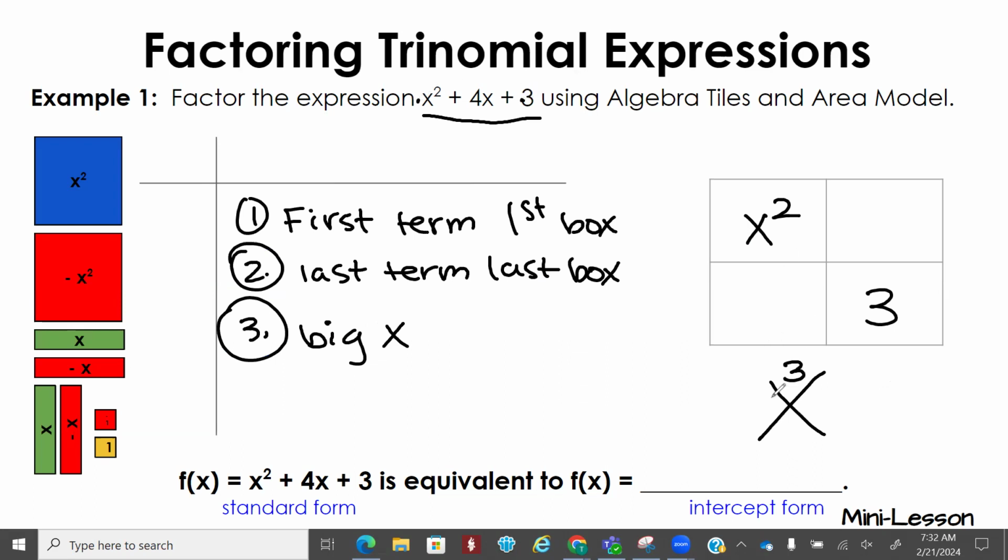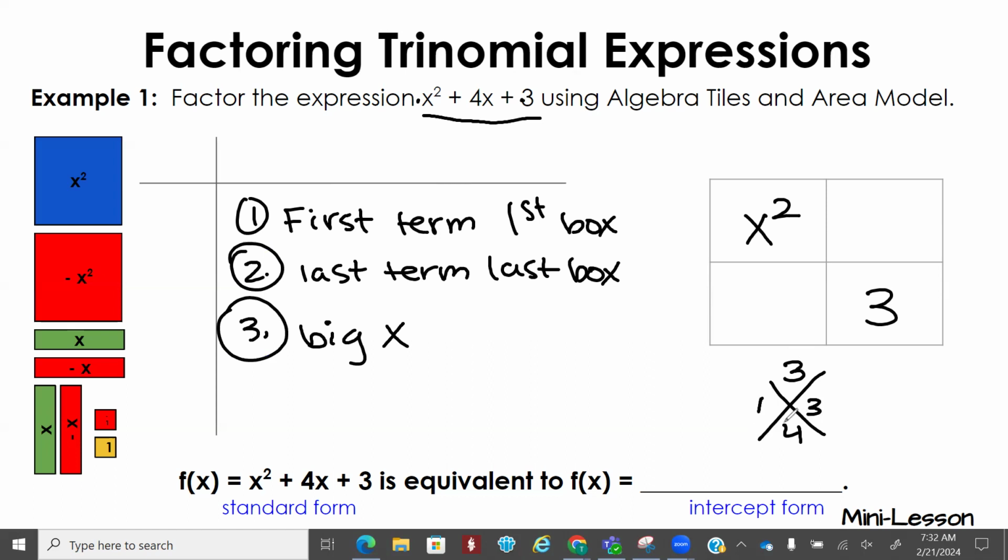That's going to give us 3, and our middle number is going to go on the bottom. So ask yourself, what two numbers can I multiply together to get 3, but add together to get 4?